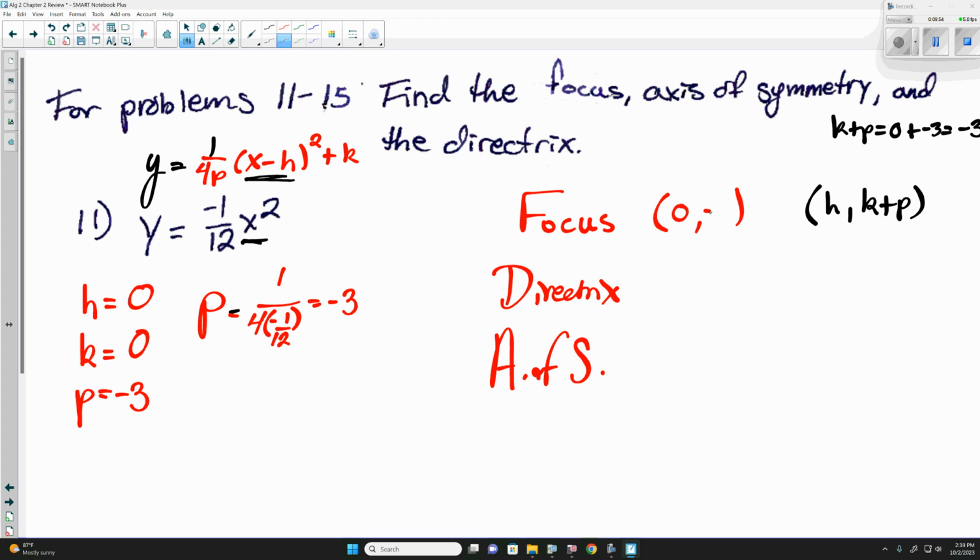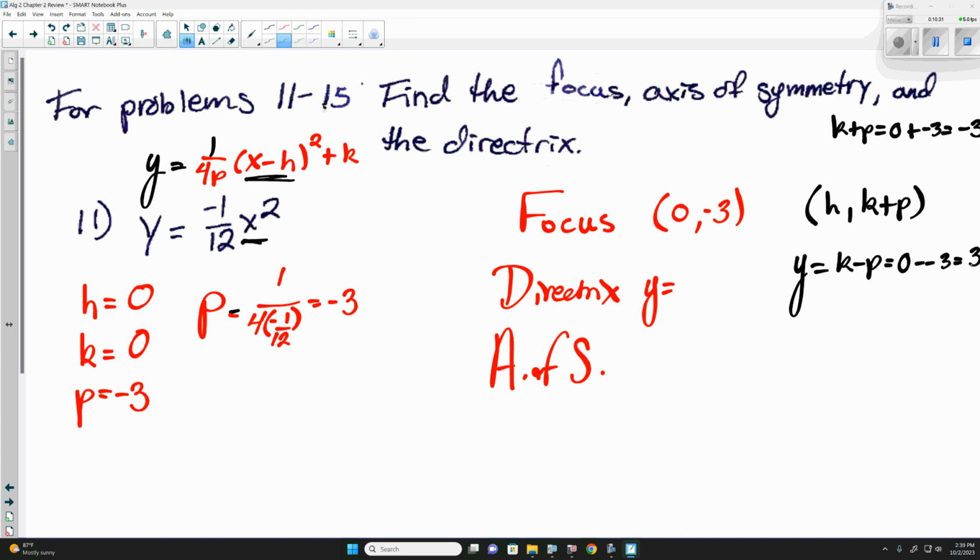So the focus for this is the point 0, -3. And we could have plugged that into the calculator, said 0 plus -3, let it do it for us, and get our answer. Because our -1/12 is the simplified version of it with plugging p back into the equation. But our value p itself is -3.